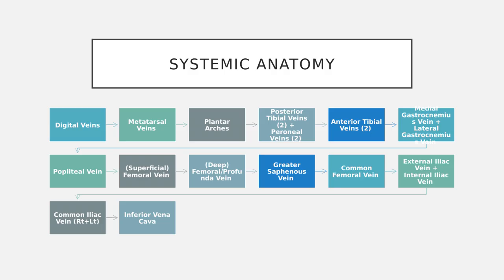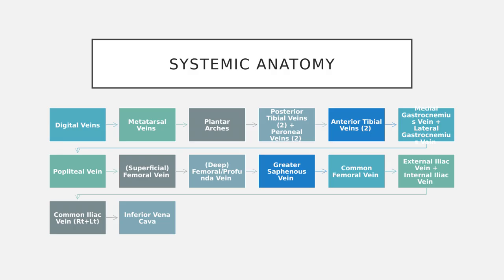And we'll talk about the classifications between deep and superficial in a second. Deep is a little bit more important. It typically has a direct extension to the heart, so that's where we get concerned. So in our calf, we have 2 posterior tib, 2 peroneal, 2 anterior tib. Out of those 6, we care the most about posterior tib and peroneal.